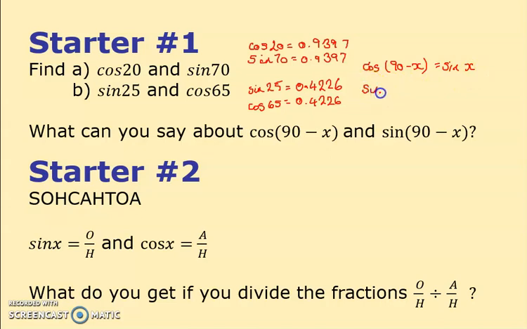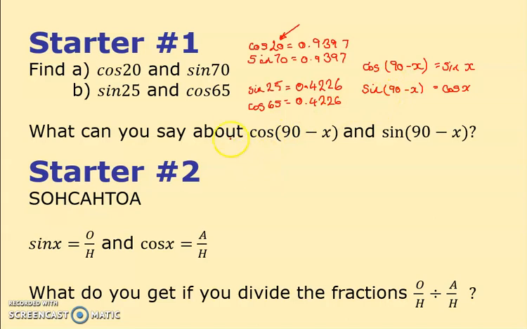And likewise, sine of 90 minus x gives you cos of x. So pick any number, let's randomly say 20. Cos of 20 will be the same as sine of 70. That's really all it's saying.